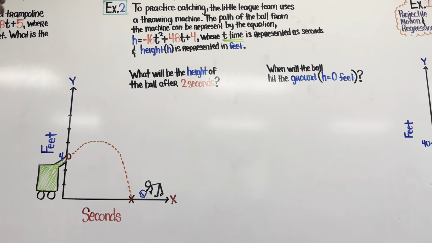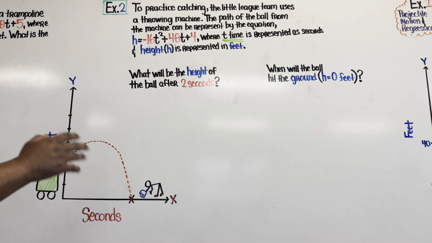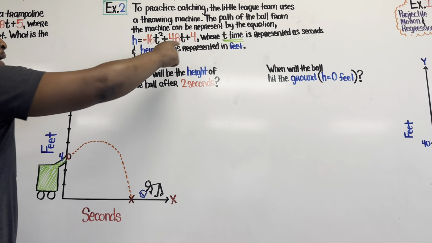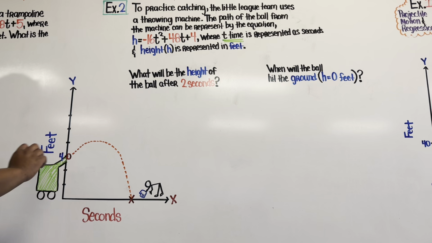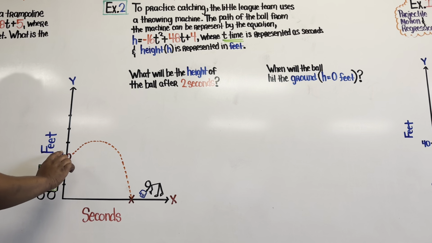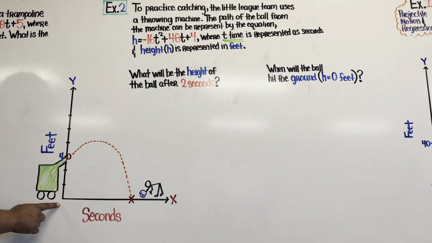So once again, guys, we have this particular equation. The first thing that I notice about this equation is the y-intercept is 4, meaning that the ball that is being thrown starts its motion 4 feet above 0.